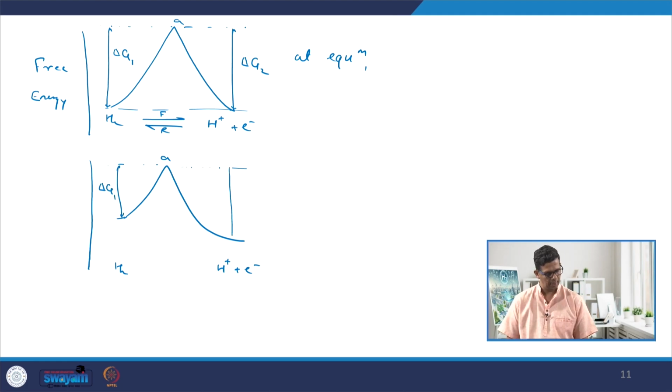This will be delta G2. So as we can see here, this delta G1 is less than delta G2. Therefore, the forward reaction will be favored.